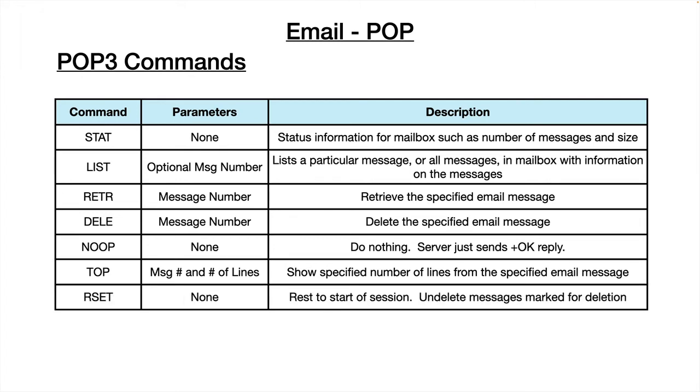There is a reset command, RSET, and it does not take any parameters, but this is the same as quitting out of mail without saving anything and then going back into mail. So it resets your session, and if you've marked anything for deletion, it will unmark those so that they're no longer marked for deletion.